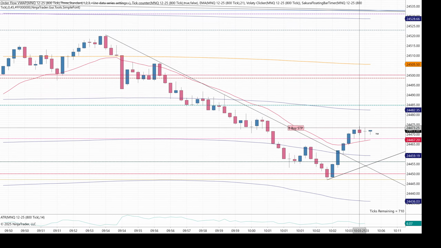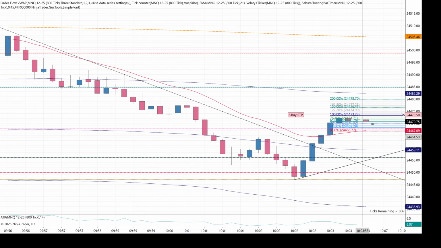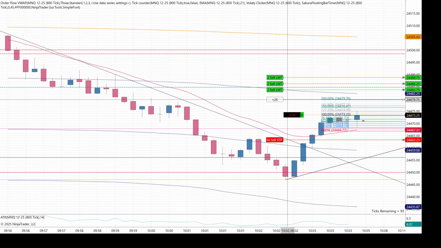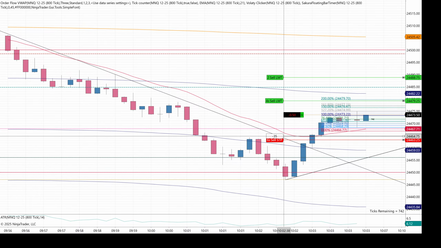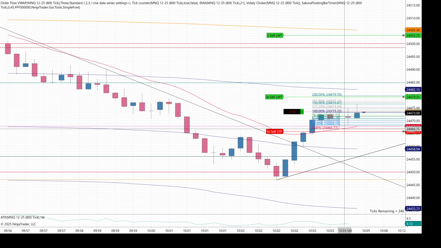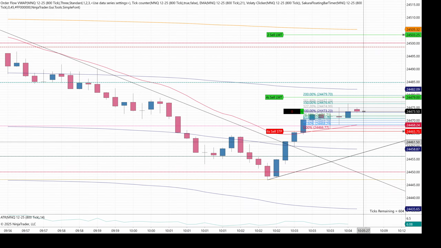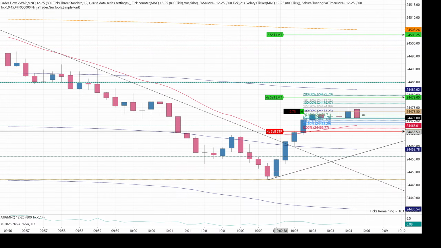This will be our next signal north. Okay, we're in. Might add here.